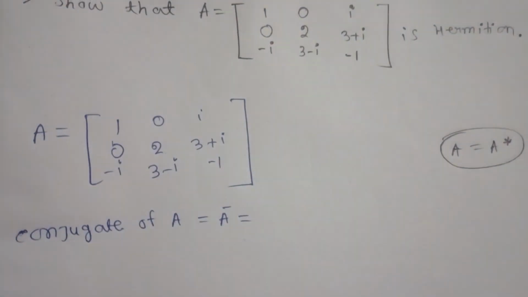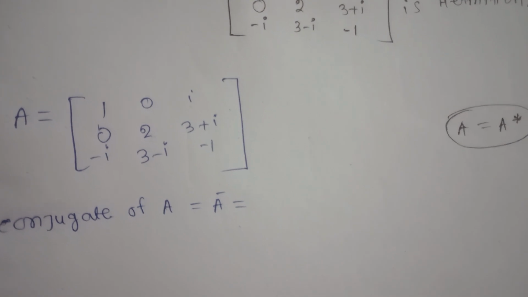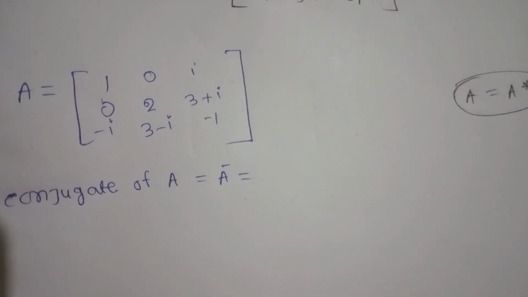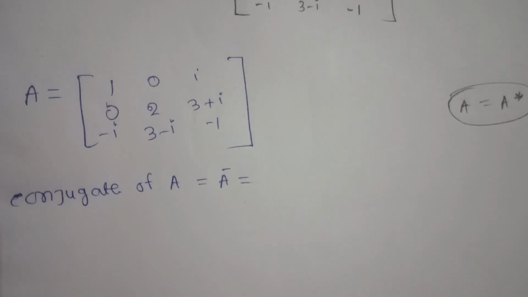what is a conjugate matrix? A conjugate matrix is a matrix in which each element is replaced by its complex conjugate.